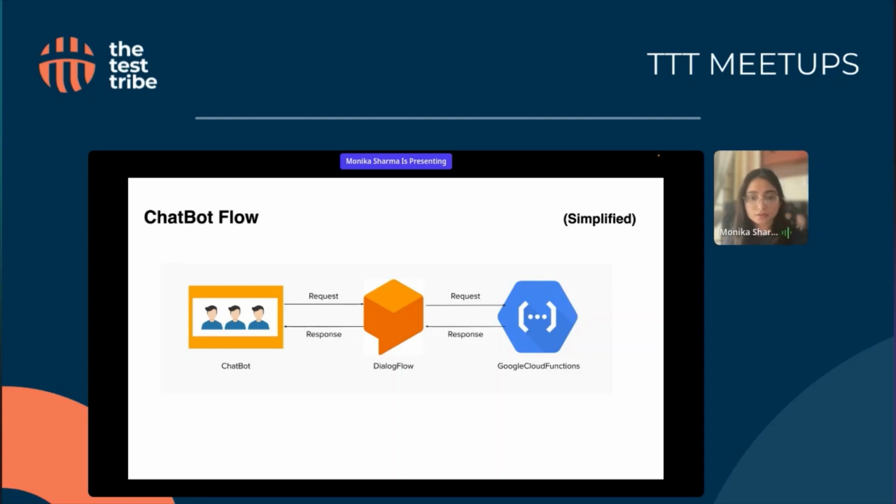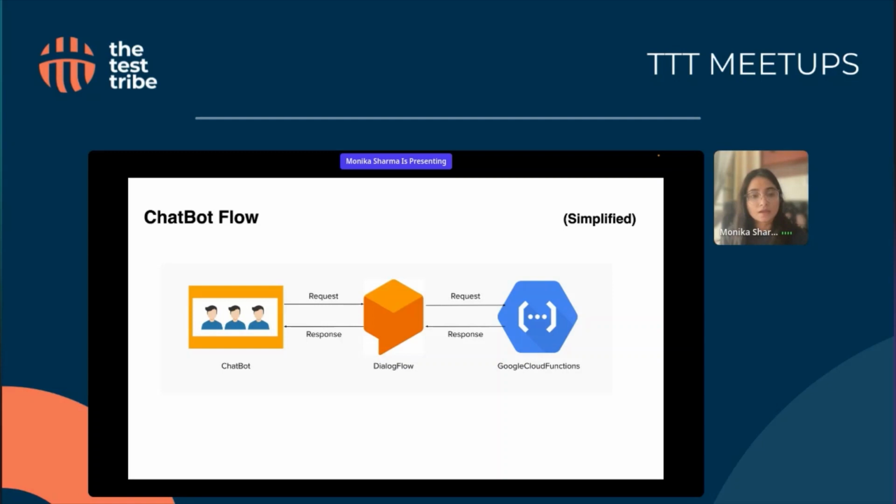Here our first question is, where is my order? Then the chatbot replies with the time at which you ordered, the place, and how much time it will take. So it's basically a conversation, a context flow.